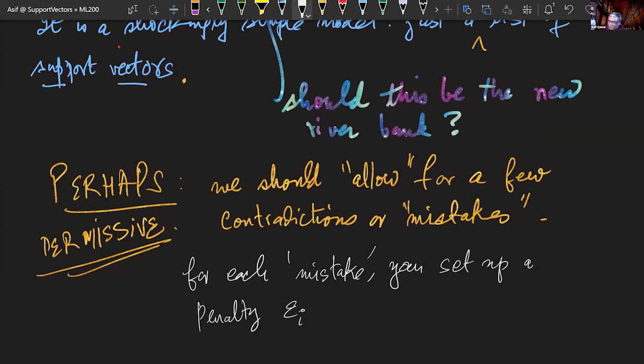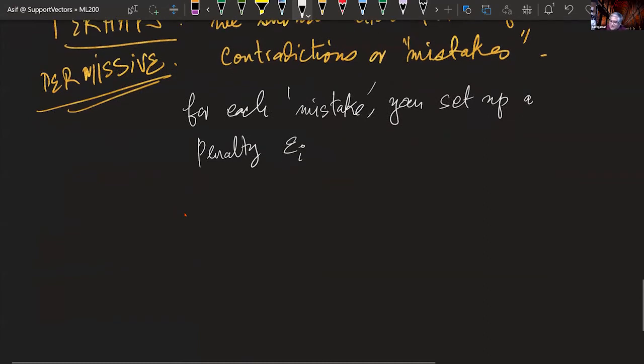Suppose it is the ith point, you set up the penalty. And then you put a constraint saying that the sum of all penalties has to be bounded. Let me use epsilon i, because the symbols are beginning to look rather similar. The summation over i of the epsilon i, in other words, the sum total of all the penalties.